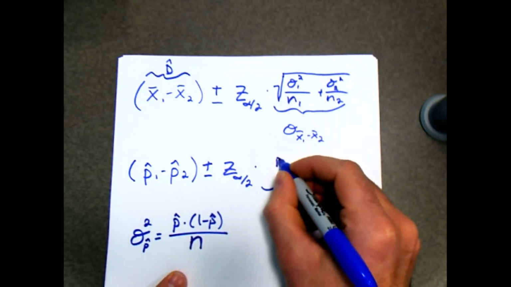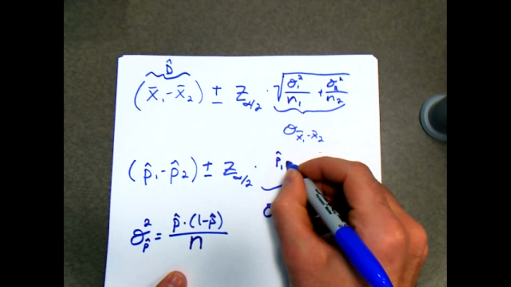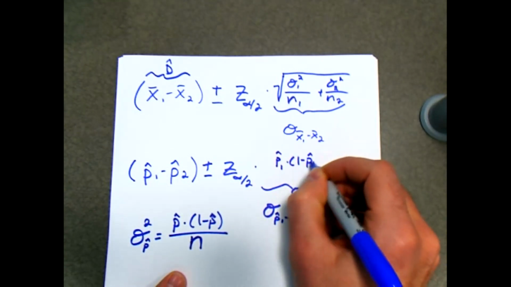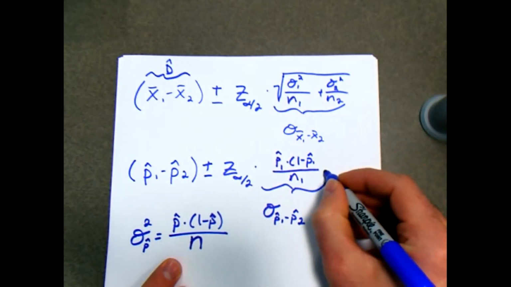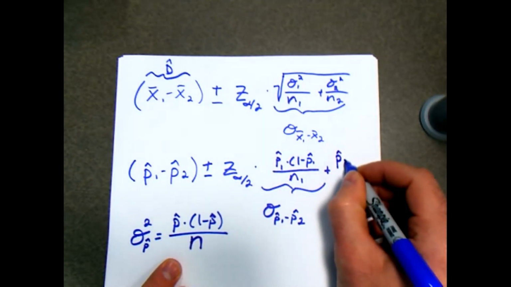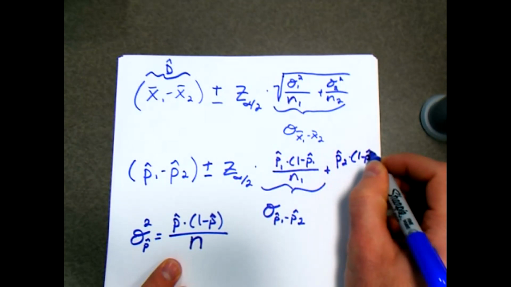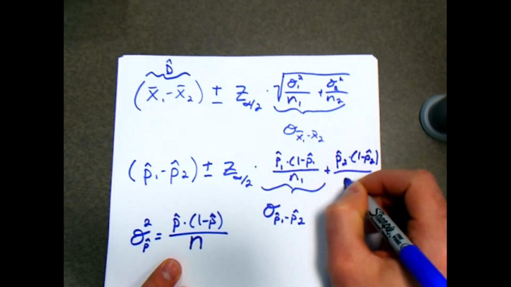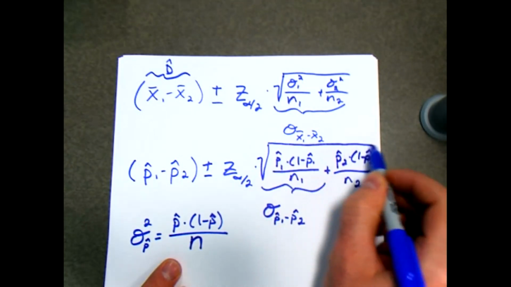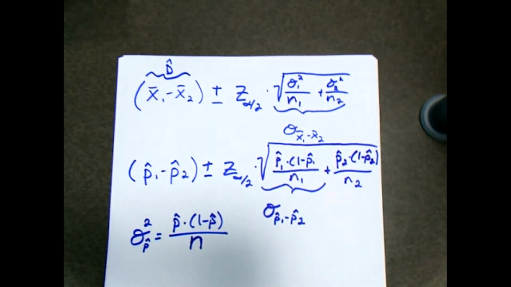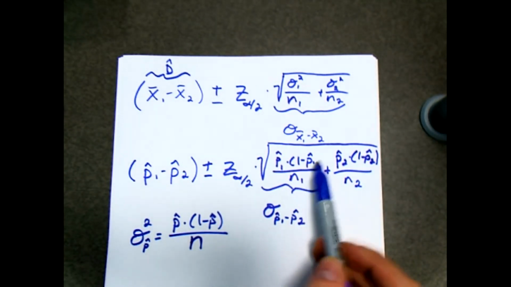We'll take each group's variance of its sample proportions, so that would be for group 1. And then we'll add in the variance we would have for group 2. And then we want the standard deviation, so we have to take the square root. So it's really following the exact same kind of setup and procedure. It just looks a little different because we're dealing with proportions now.